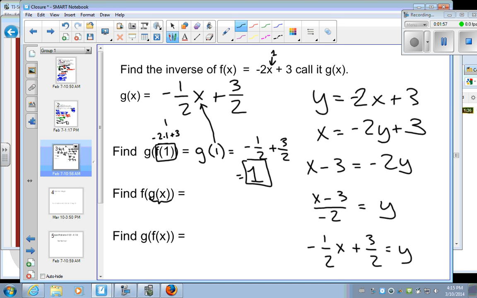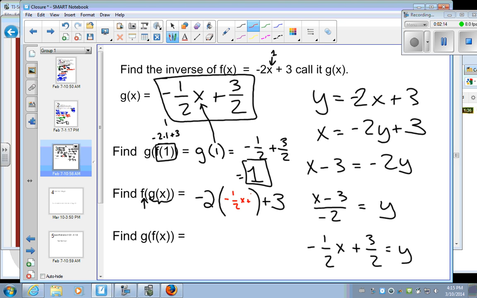Next thing I'm going to try is, we use the function machines, I'm going to plug in this whole g of x, which is negative 1/2 x plus 3/2, into the original equation. So instead of negative 2x plus 3, I'm going to say negative 2 times (1/2 x plus 3/2) plus 3.